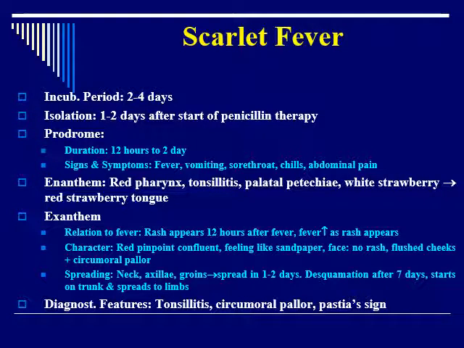The prodromal stage is characterized by high temperature, which may reach 40 degrees centigrade, sore throat, and abdominal pain may be present, and the high temperature may cause febrile convulsion. The eruptive stage is characterized by the appearance of rash.